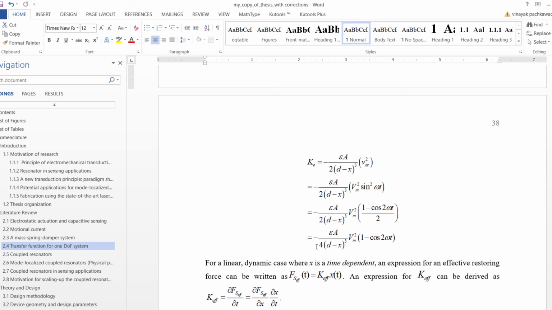Finally solving this, the expression of Ke at twice the drive frequency goes as minus epsilon A over 4 in bracket d minus x whole cube Vm square in bracket 1 minus cos 2 omega t. So that's the analytical derivation of the electrical spring that we can get.